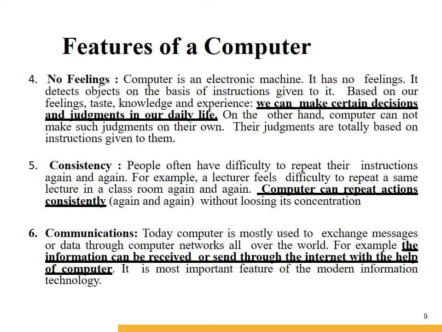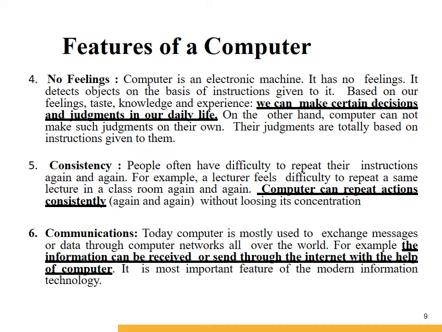Next feature is consistency. People often have difficulty repeating their instructions again and again. For example, a lecturer or a teacher feels difficulty repeating the same lecture or the same lesson in a classroom again and again.